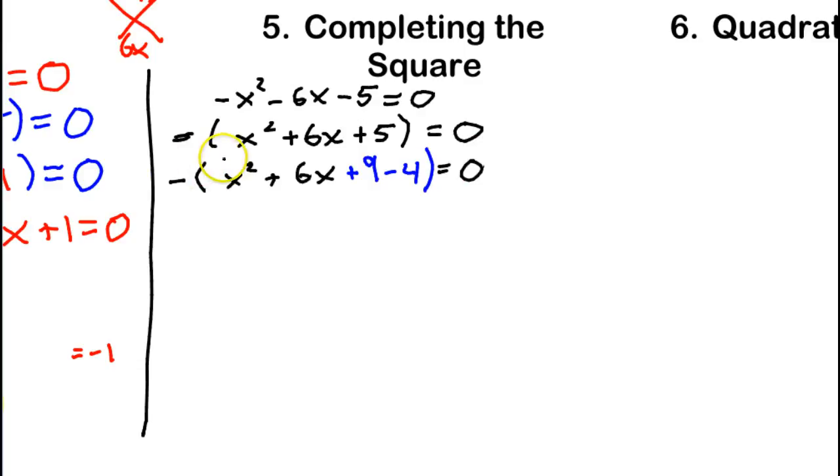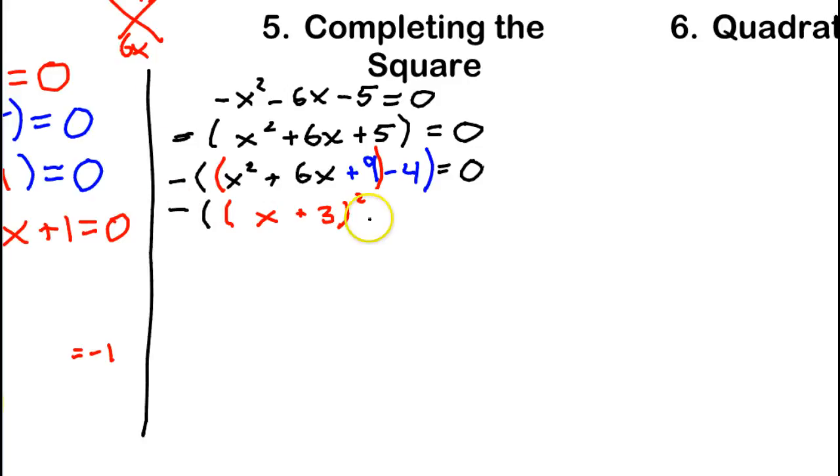So we factor the first 3 here. That's a perfect square trinomial. So what two numbers multiply to 9 and add to 6? 3 and 3, so we write it as x plus 3 times x plus 3, or x plus 3 squared.